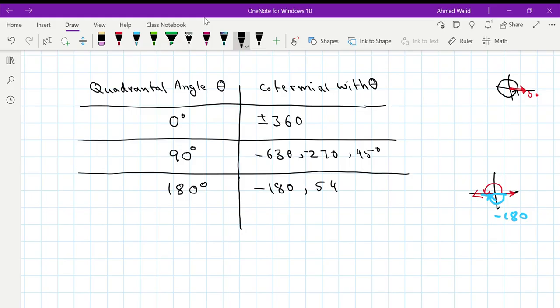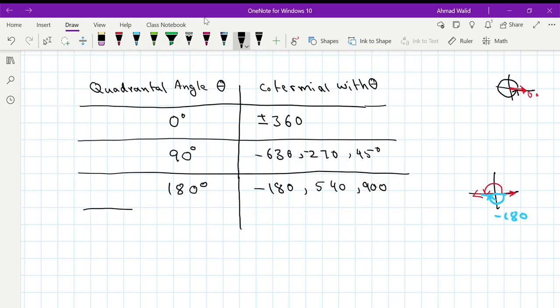Positive 540 can be. 900 will be another one, correct? Just add 360 on top of 180, or you go the negative way. There are a lot of coterminals for 180. We just name a few of them as an example.